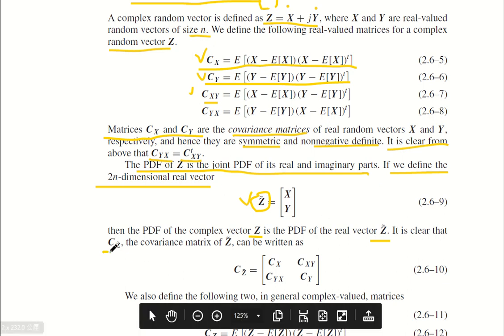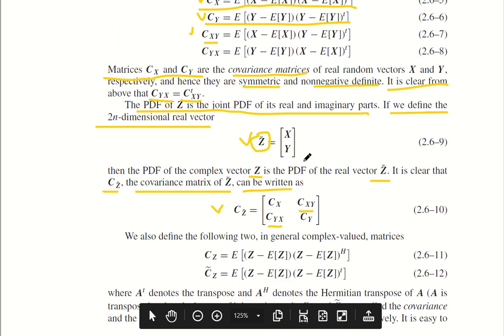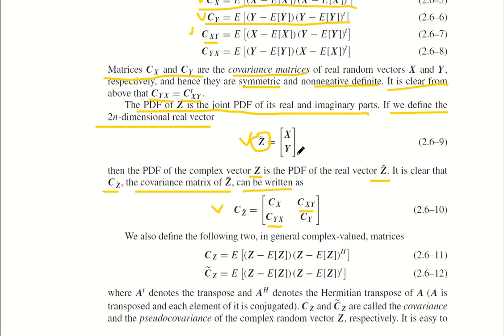It is clear that the covariance matrix of z total can be written as the block matrix Cx, Cxy, Cyx, Cy, and so on. So you put it into a matrix. If we look at the dimensions, this is 2n by 1, and this is 2n by 2n. Make the dimensions clear and it's easier to understand.